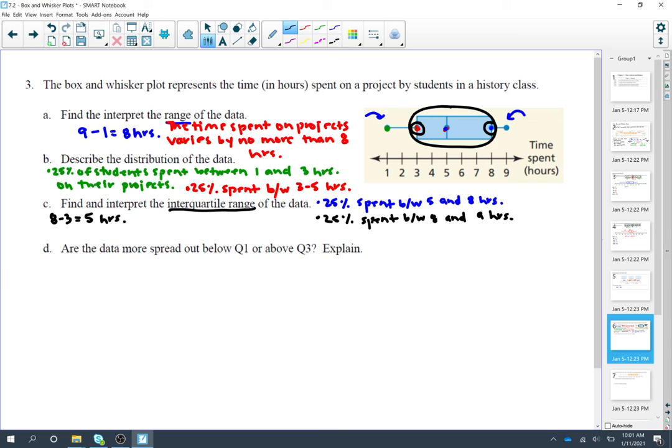So the middle half of time spent on projects varies by no more than 5 hours.